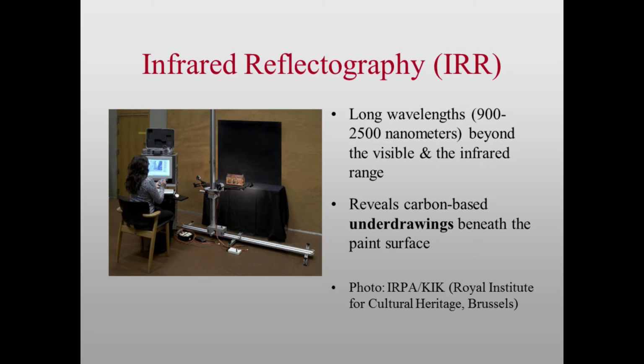Now, as it turns out, many of the painters from what we call the early Netherlandish period in the 15th century in the Netherlands did use carbon-based underdrawings. So we found out a lot of information about their working techniques. In other places, people may not use as much carbon-based drawing, but this has been really exciting.